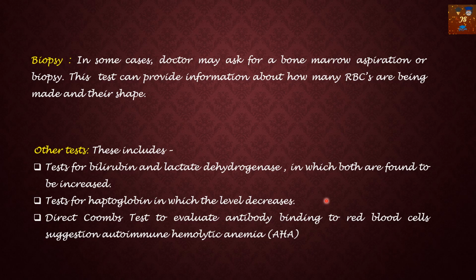Now this liberated hemoglobin is converted into unconjugated bilirubin in the spleen or may be bound in the plasma by haptoglobin. Now this hemoglobin-haptoglobin complex is cleared quickly by the liver, leading to low or undetectable haptoglobin levels. So this is the underlying physiology.